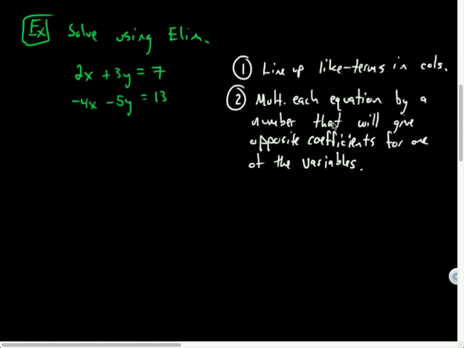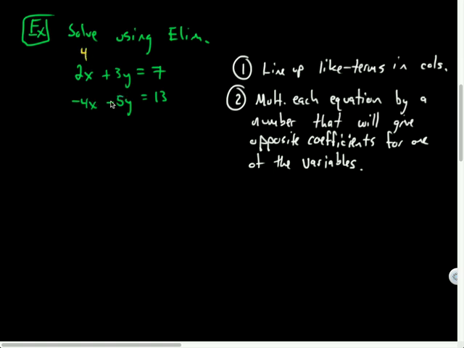And the way you'll figure out what we multiply each, or even one of the equations by, in order to get these opposite coefficients is by thinking about LCDs. What's the smallest number that both 2 and 4 go into? It's 4.